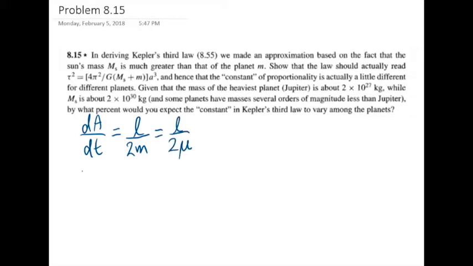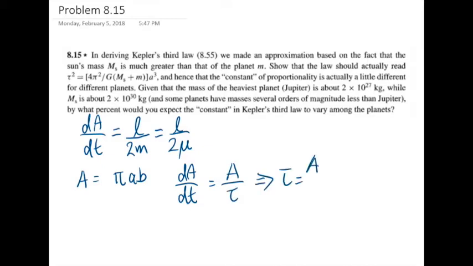The area of an ellipse is equal to pi a b, and because dA/dt is constant, we can say that dA/dt equals pi a b over tau, the period. Then tau is equal to pi a b over dA/dt, which is equal to pi a b times 2 times the reduced mass over the angular momentum.